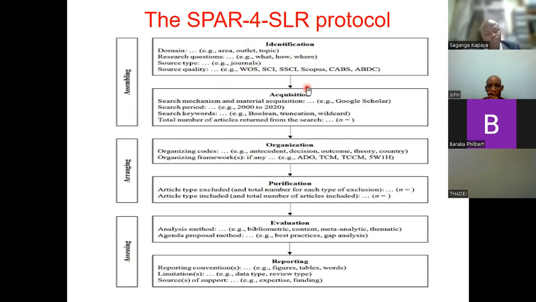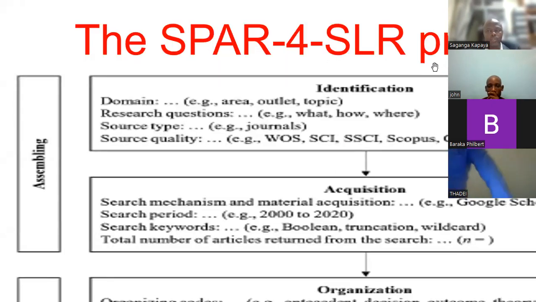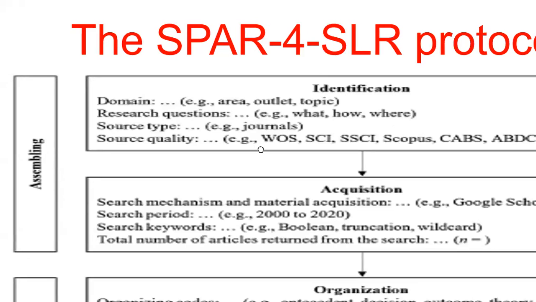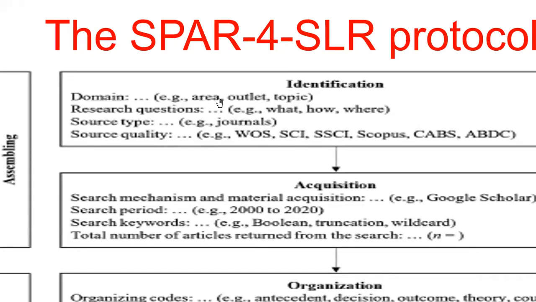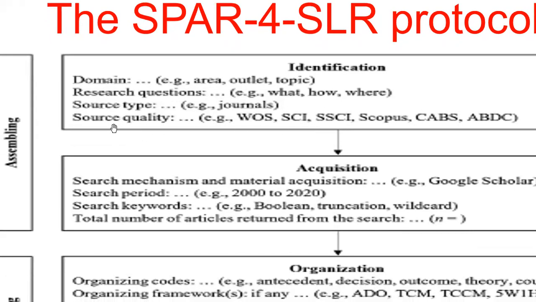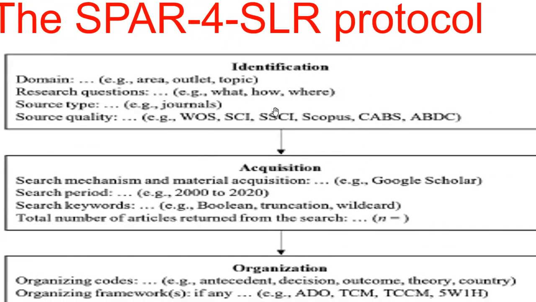So here, for example, you'll be looking at things like what is your domain? That's the area, the outlet, or the topic. What are your research questions? What, how, where, etc. The source, journals, which ones, source quality. All these need to be there.